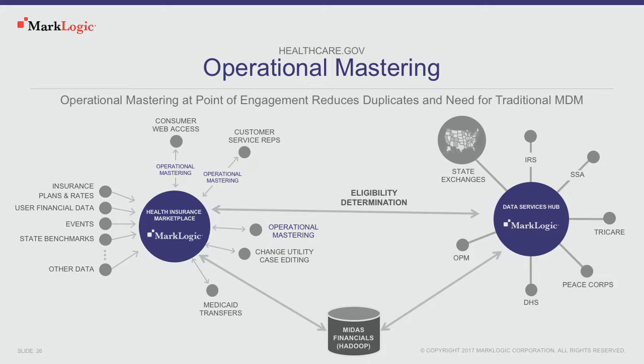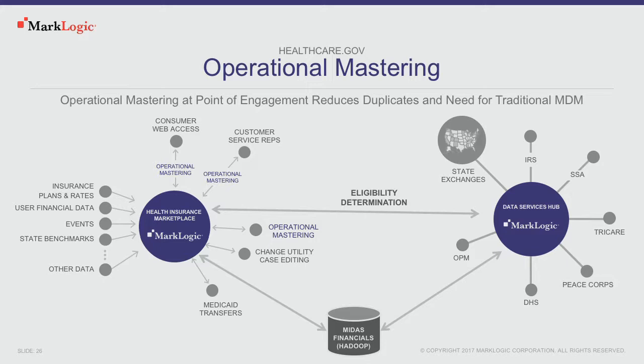So you've got two people that filled out similar applications. They appear on separate applications. You've got Medicaid transfers happening from the state source Medicaid systems, and that stuff getting propagated into healthcare.gov. And as a result, people appear in many different places, in many different forms, on many different applications.